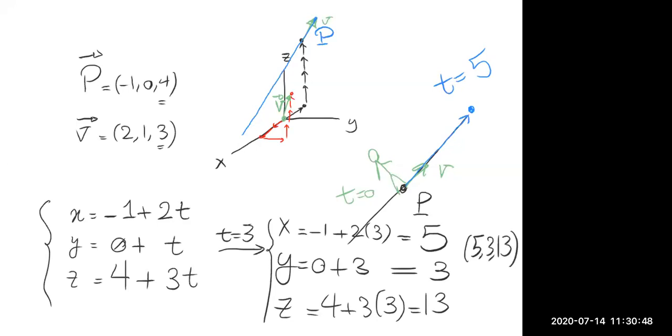That would be the coordinates of this point after 3 seconds, starting from P and going in the direction of V with the velocity given by V. So that's how the parametric equations help us to describe a particle moving along that line.